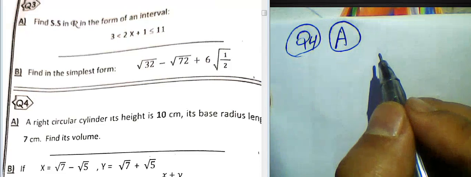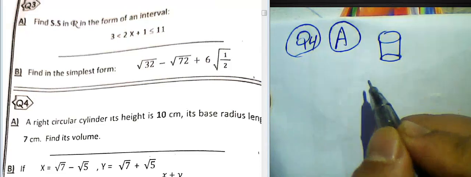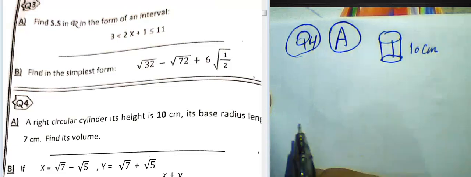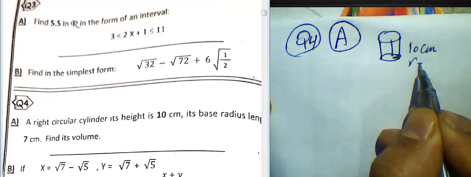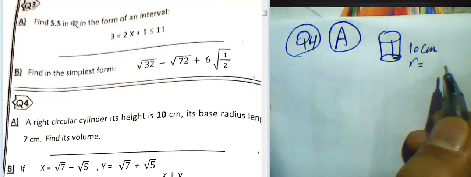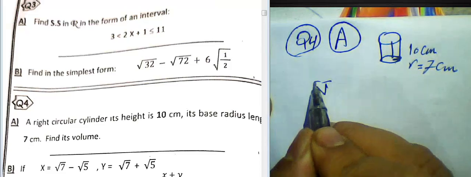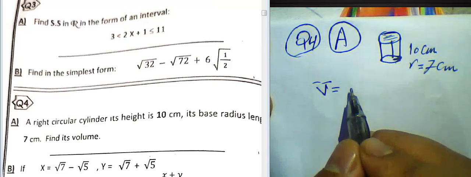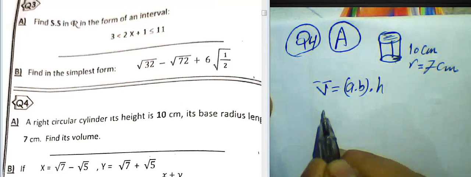We have a circular cylinder. Its height was 10 centimeters, and the radius here was 7 centimeters. We want to find the volume. We know the volume of a cylinder equals the area of the base multiplied by the height.